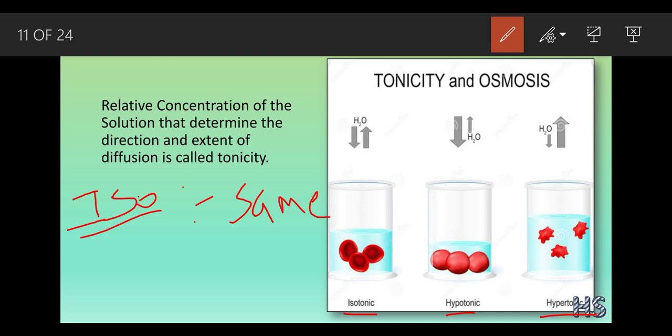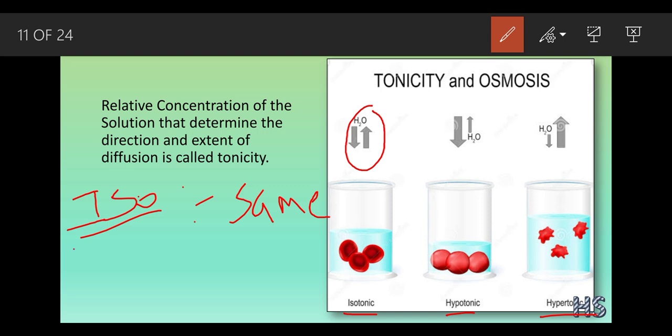I would notice after an hour the cell size remains the same. How did we come to know that the cell size remains the same? Look at this part. The size of the arrows is the same.